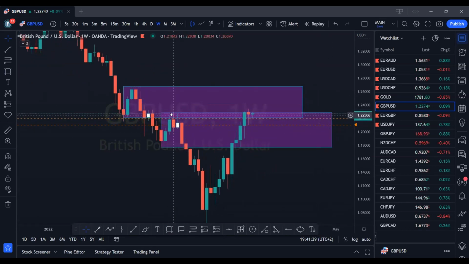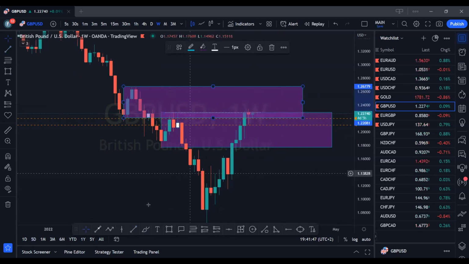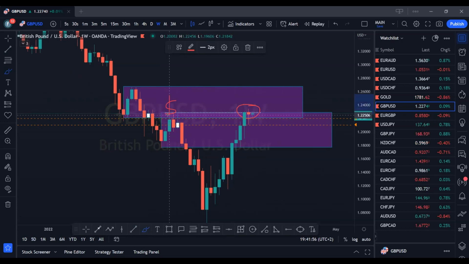This supply, we've seen liquidity being grabbed, because this high right here took out this liquidity here. And coincidentally, everything also happened in this other supply. All right. So we have some confluence that price should drop from this place.